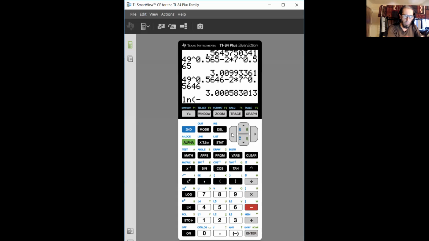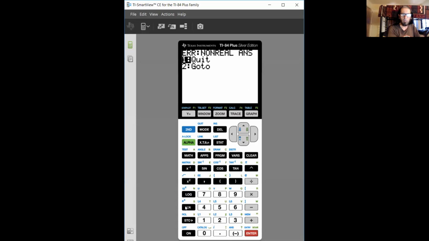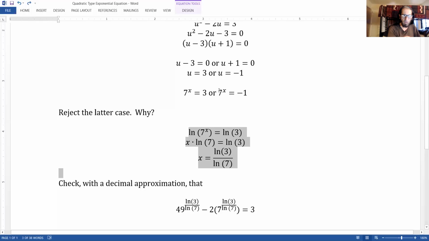But say you still aren't remembering that. So you put it in. Oop. Natural log of 7. And it's giving me an error. So any way you look at it, we only take natural log of 3 over natural log of 7. We're rejecting this other case.